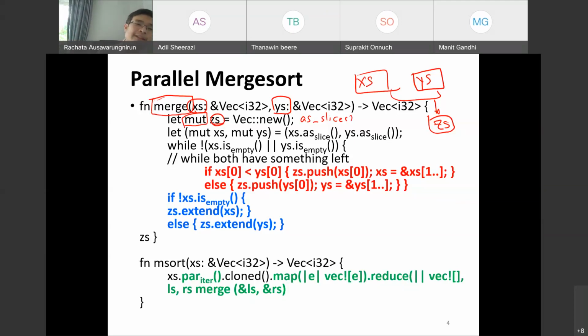Basically, over here, I have mutable xs and mutable ys. And we are looping until one of them becomes empty, right? While ys is empty or xs is empty, while both of them have something left, what does merge sort do?